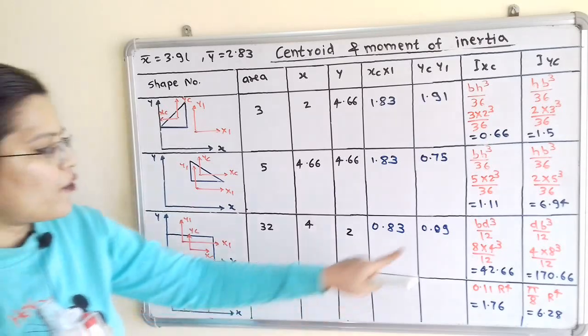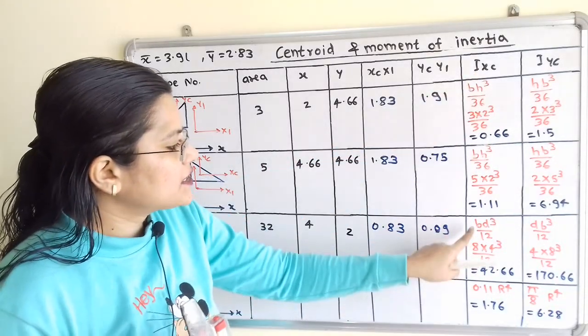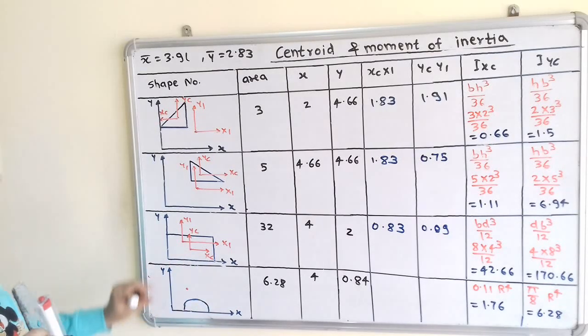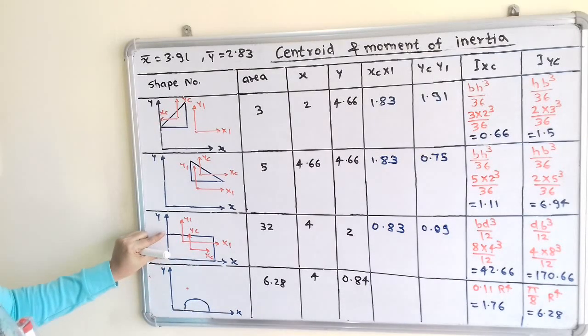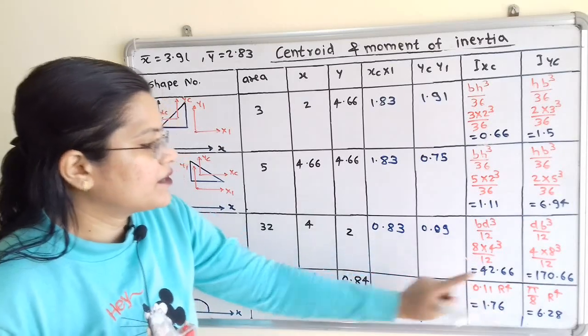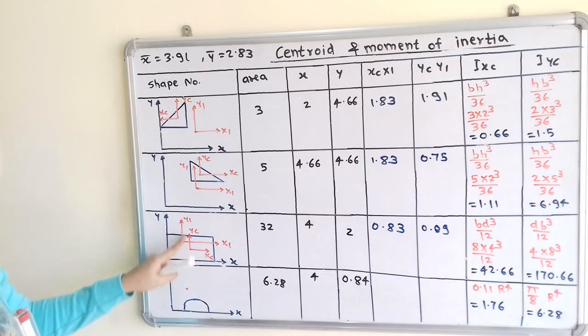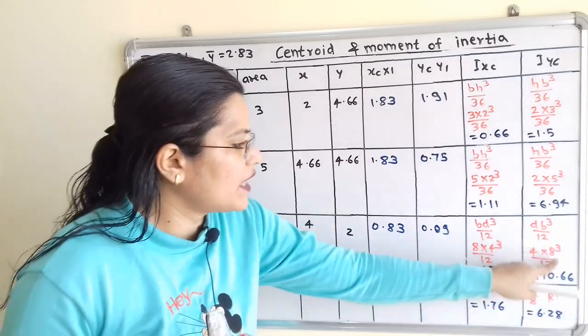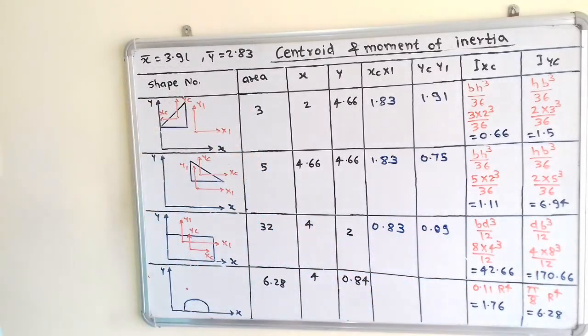For that we have the formula Ixc is equal to BD cube by 12, where B is the base, which is 8 centimeter, D is this height, that is 4, divided by 12. Now the moment of inertia along YC is dB cube by 12. So we have to put the values and calculate the answer.